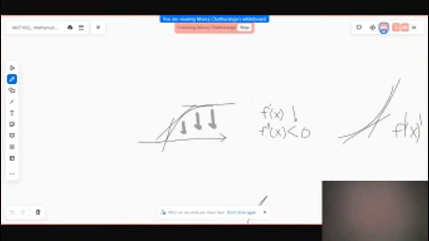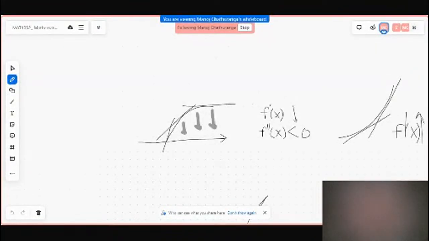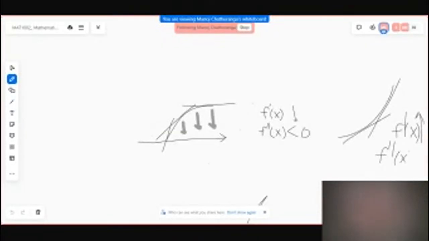This is increasing. Last time I made a mistake, the derivative is increasing. If the derivative is increasing, the second derivative must be positive.